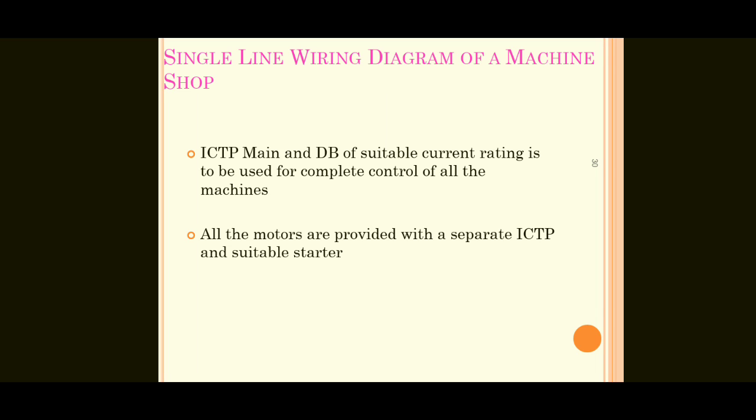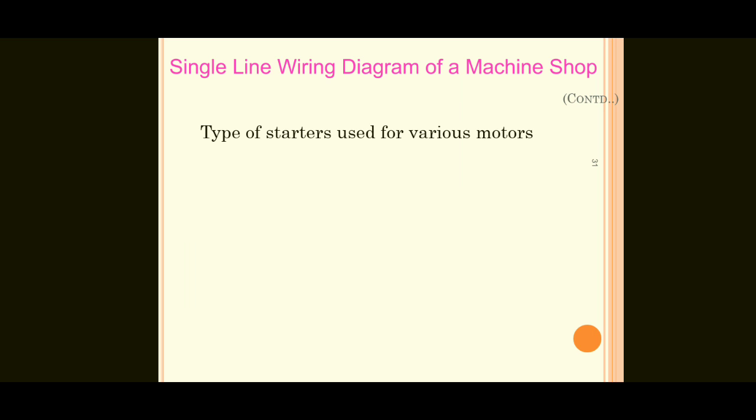All the motors are provided with a separate ICTP and suitable starter. 3 separate single core cables or a 3 core cable can also be used for wiring. Single line wiring diagram of a machine shop.